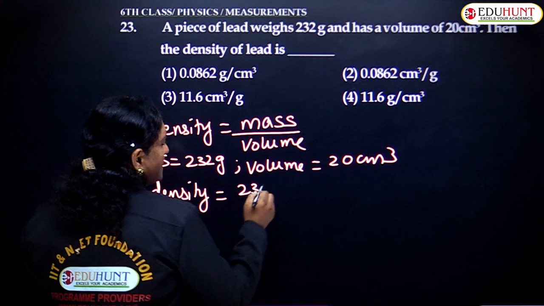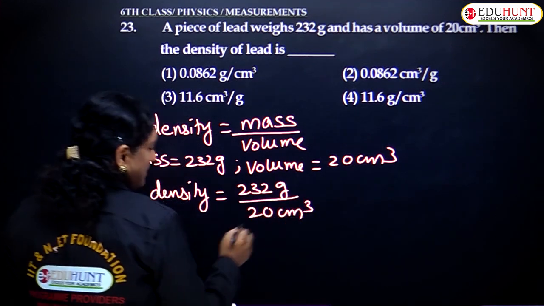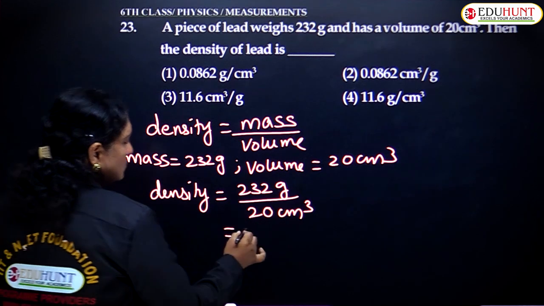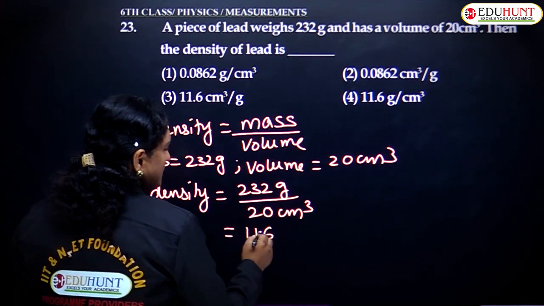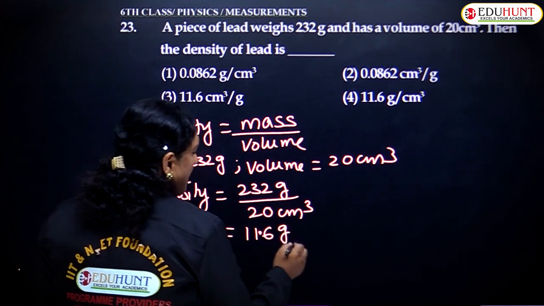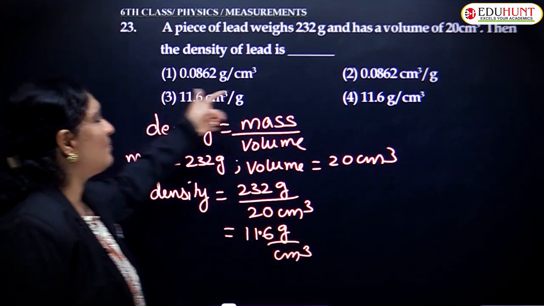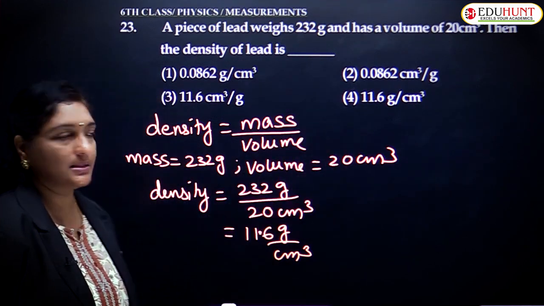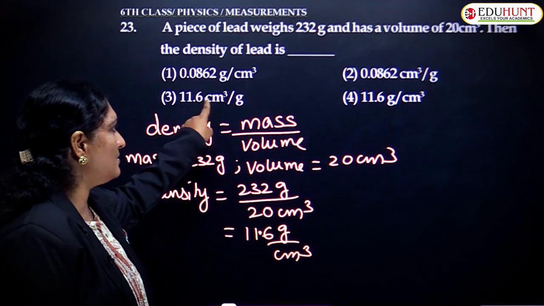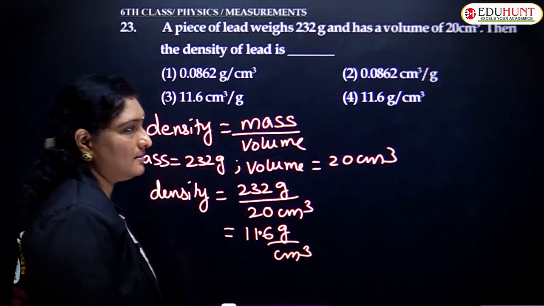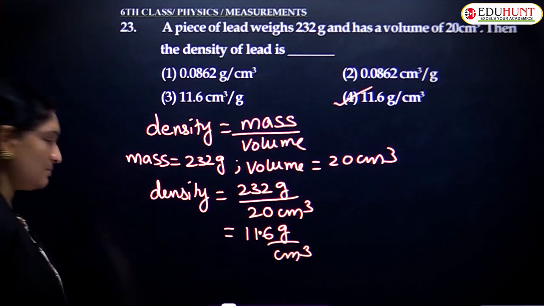What is mass? 232 grams upon 20 centimeter cube. After further simplification, 11.6 gram per centimeter cube. If you observe the options, here also 11.6 is there, here also 11.6 is there, but you need to check out the units. Here centimeter cube per gram and here gram per centimeter cube. Hence the right answer would be 11.6 gram per centimeter cube.